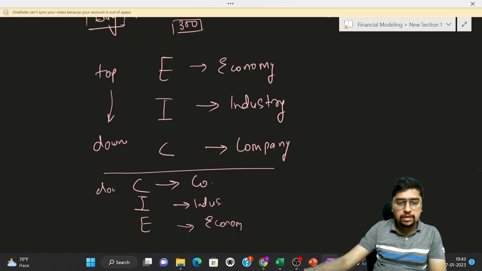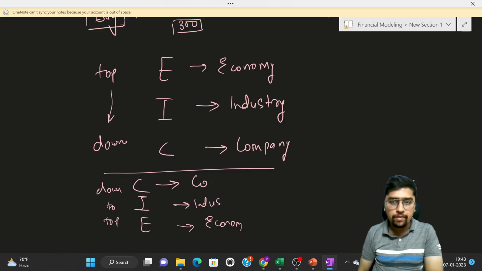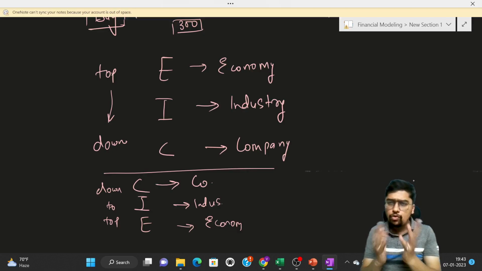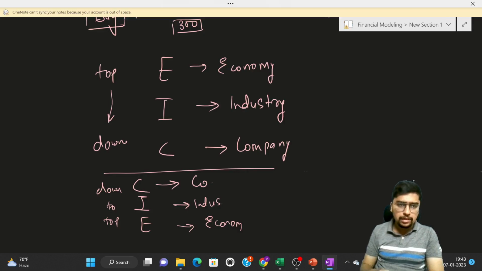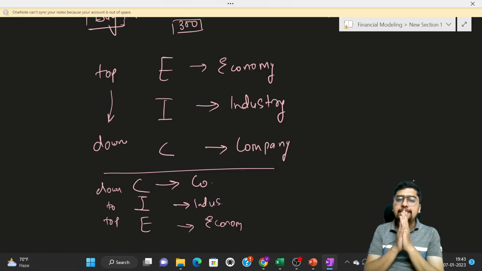This is called down to top, low to high, whatever you want to say. So top down and down top, we have two approaches. Both approaches will give you the same result, just a difference in approach, nothing else. We are going to see the first approach, that is EIC analysis.